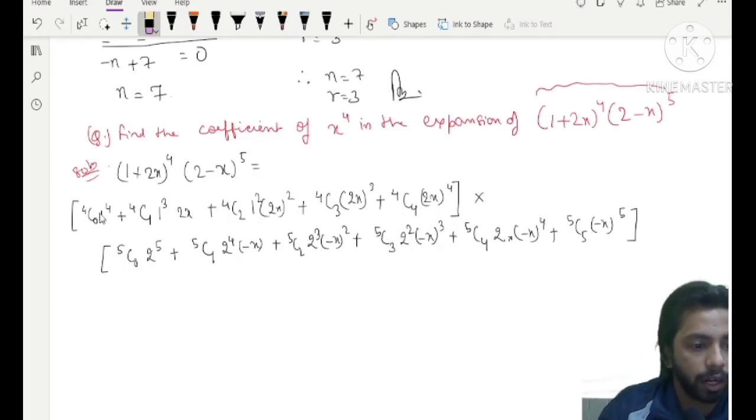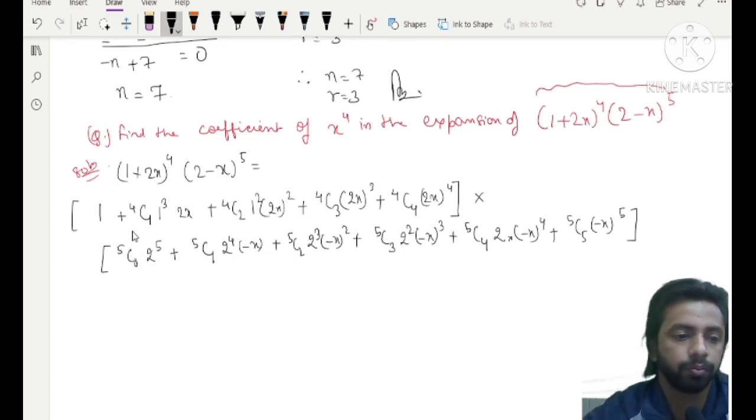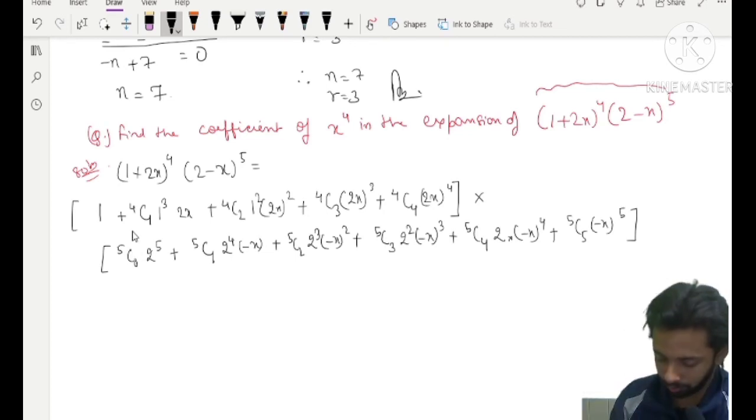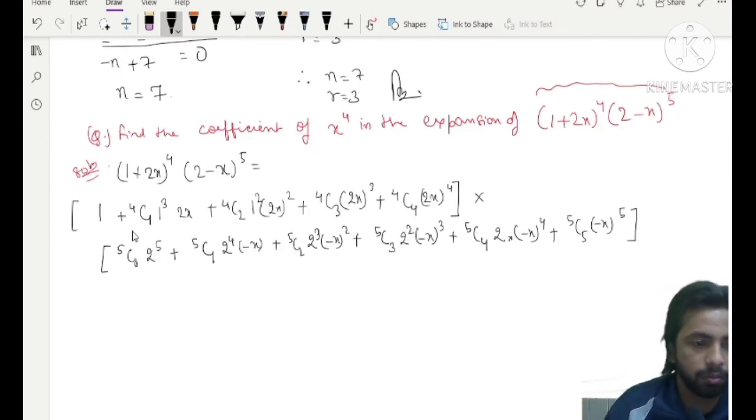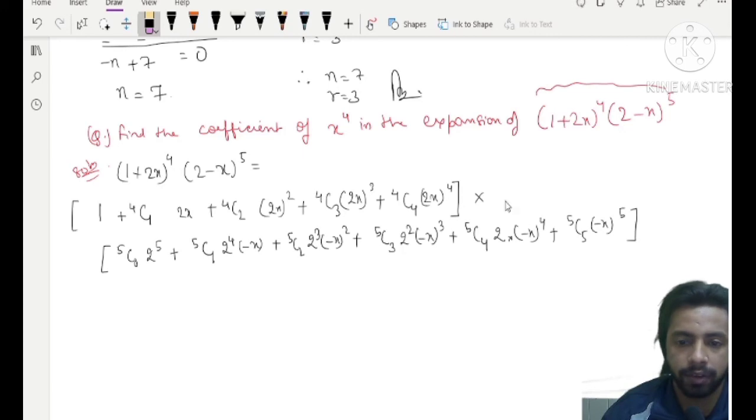It would be better if I just remove unnecessary things which I wrote, like 4c0 will be equal to 1 only. And then what else can I go on removing? 1 cube, 1 square, rest is fine.